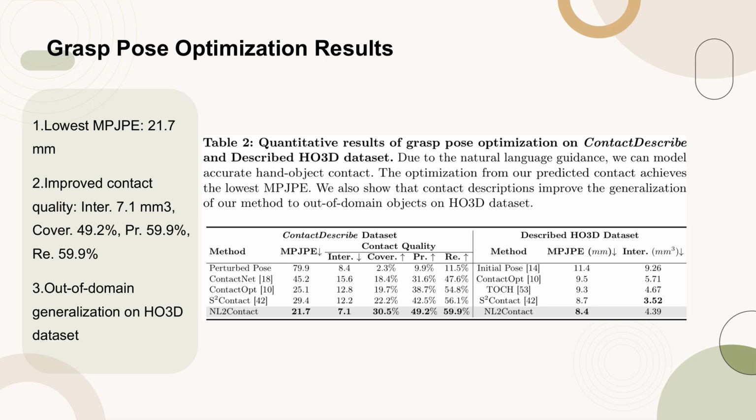Additionally, the table shows that contact descriptions significantly improve the generalization of our method to out-of-domain objects on the HO3D dataset. The results demonstrate improved contact quality metrics, including intersection volume, Inter, of 7.1 mm3, contact coverage, Cover, of 49.2%, and contact precision/recall, PR and RE, of 59.9%. These findings underscore the effectiveness of our method in refining hand poses and enhancing contact accuracy.